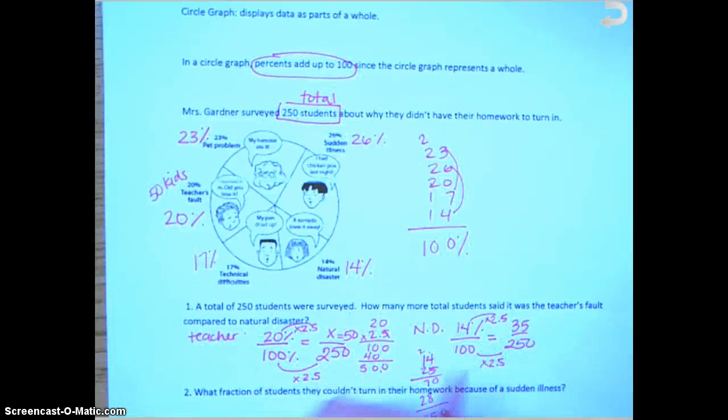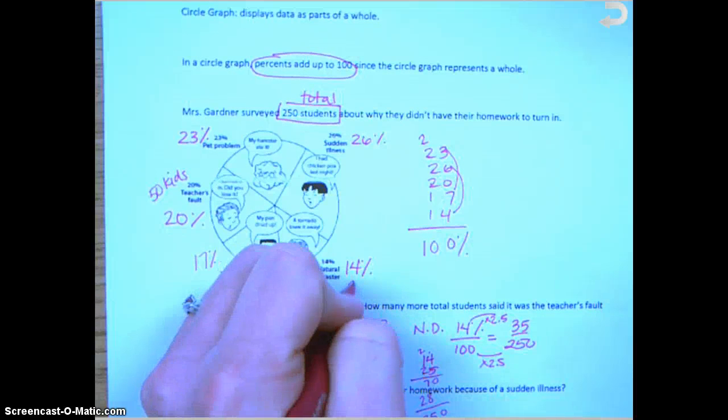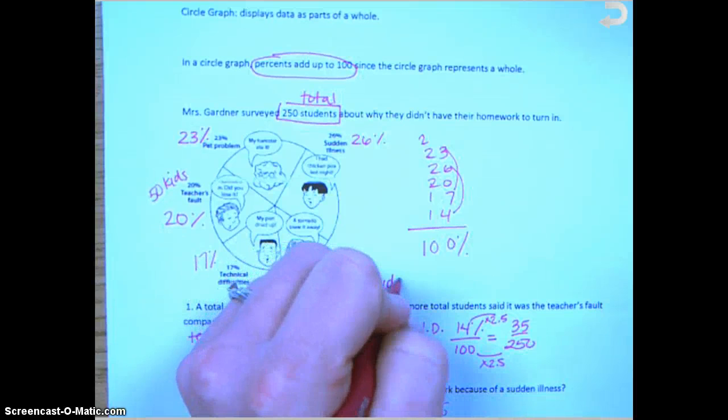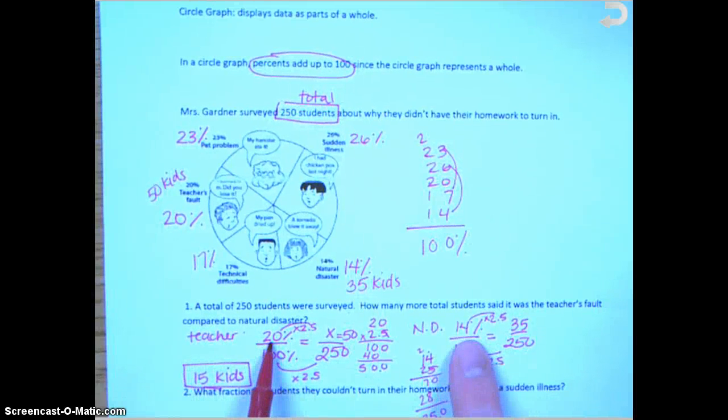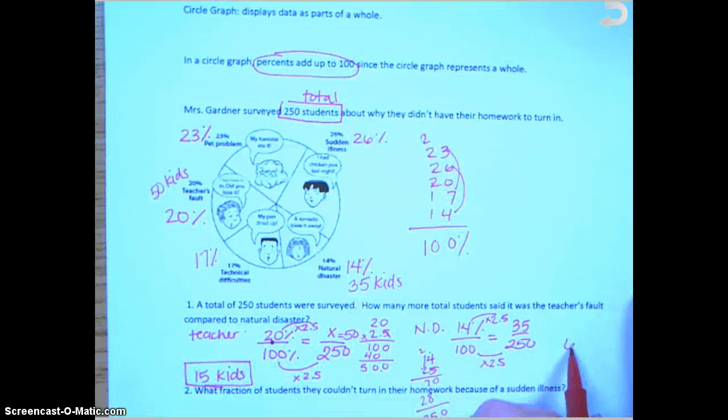So 35 kids said that it was a natural disaster. So how many more kids is that? It's 15 kids, or students. You also could have just done 20% minus 14% and got 6%, and then set it up 6% out of 100% is what over 250 kids.